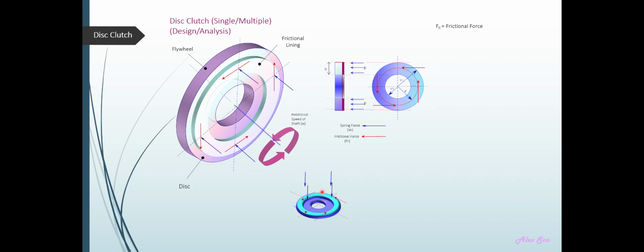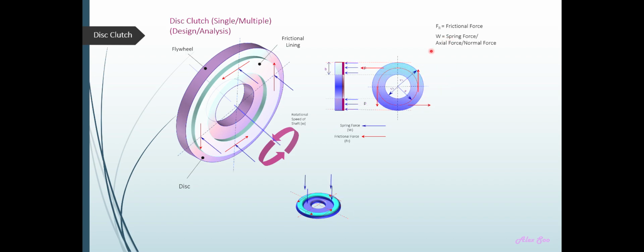Those are the frictional force, especially when the flywheel or the clutch rotates as well. So they produce a rubbing force or a frictional force, which is tangent to the circle that I have drawn. So if we take this tangential force or the frictional force multiplied by the radius, you get the turning moment.